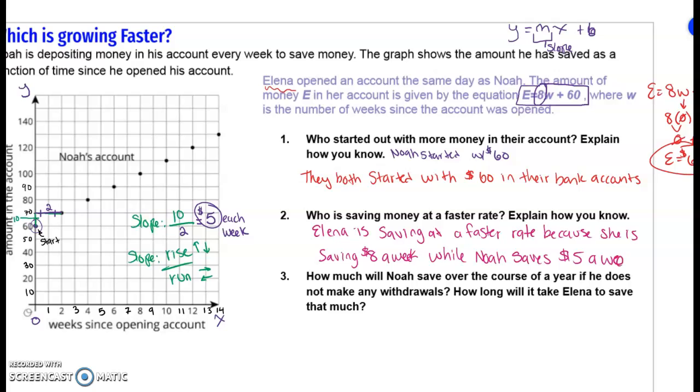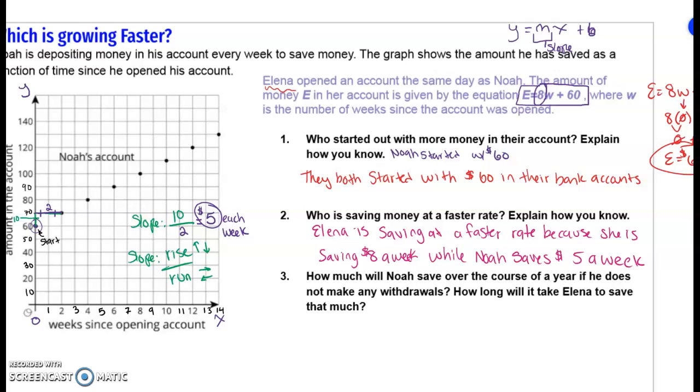Okay. So obviously we can see that Elena is saving more money each week because she's putting more into her bank account. If you put more money in, it means later on you're going to have more money. The less money you put in, the less amount of money you'll have.